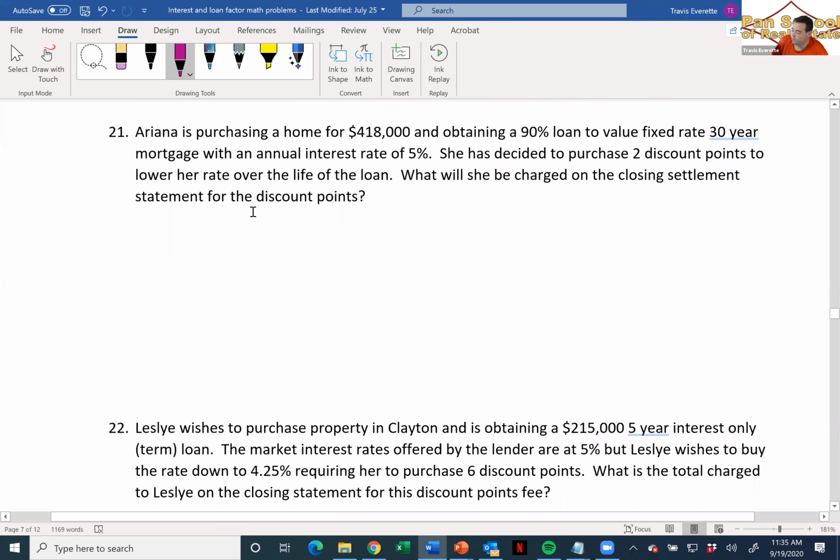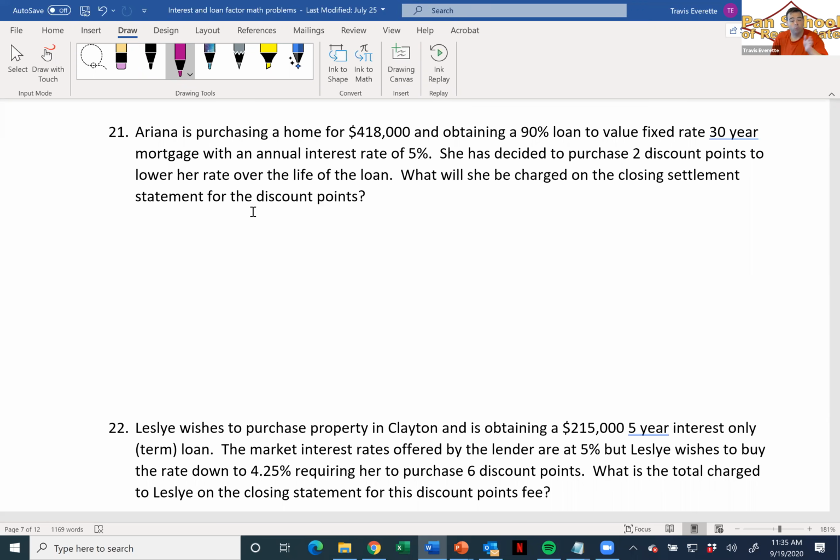I think the last thing we need to talk about are discount points, and then we will have covered every finance math topic. Discount points are, remember, prepaid interest. It's just a method of, we call it, buying the rate down. Why do we call it that? Because the borrower is paying money in advance, and what do they get in exchange for that fee they pay up front?